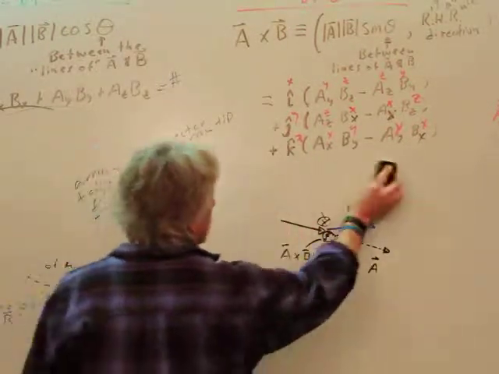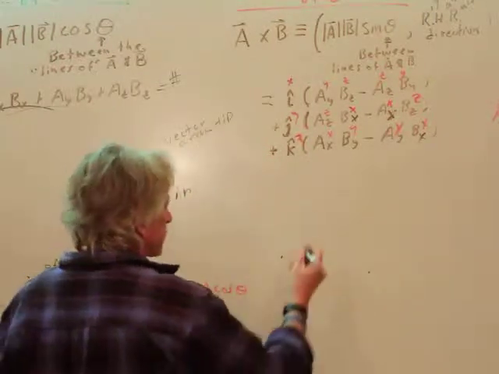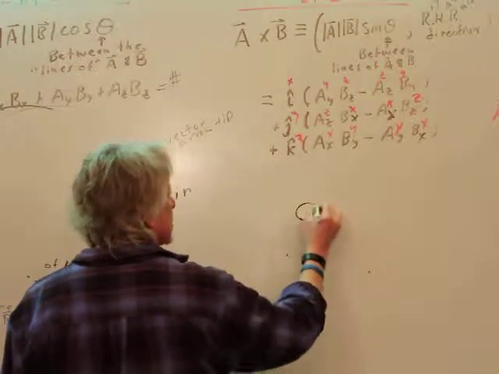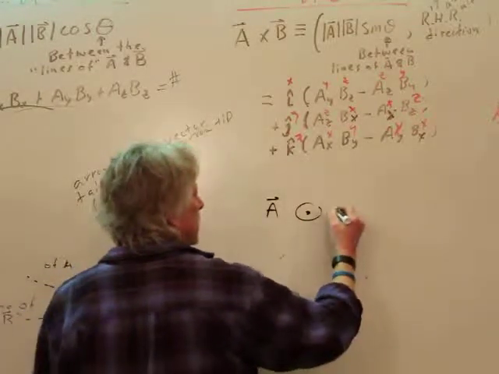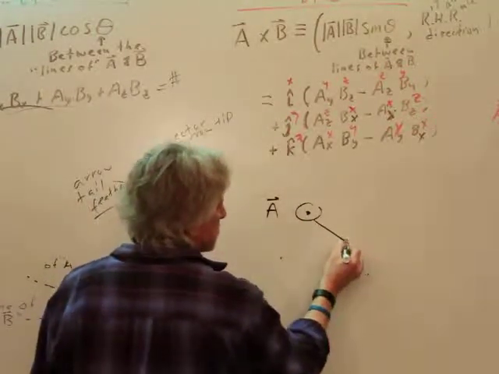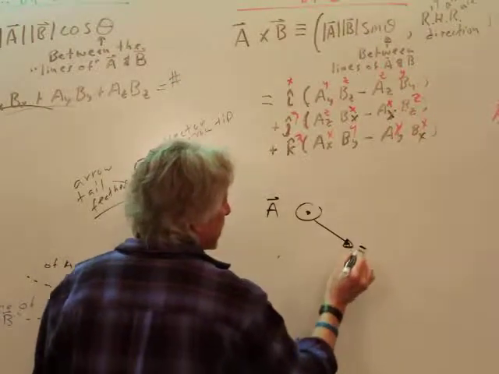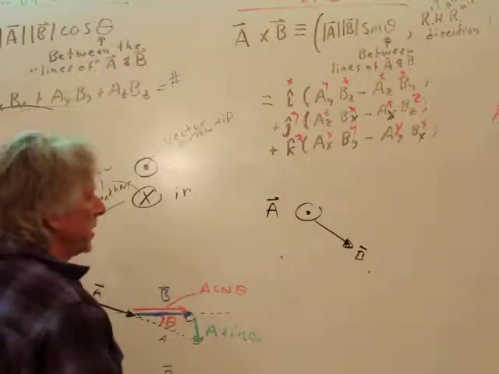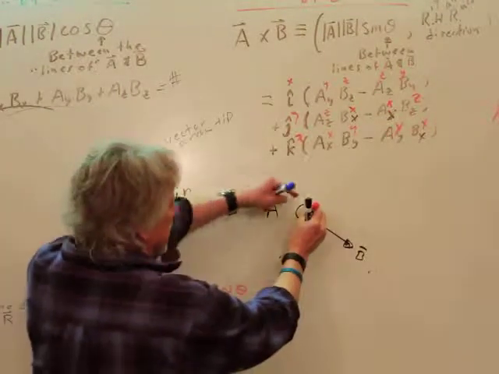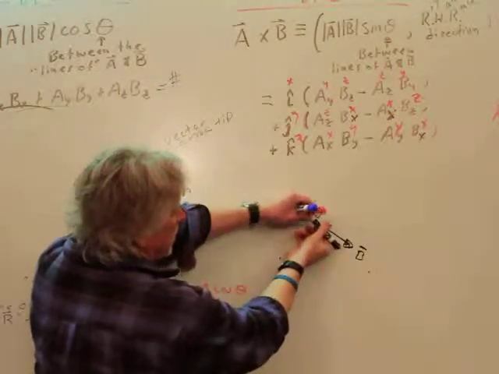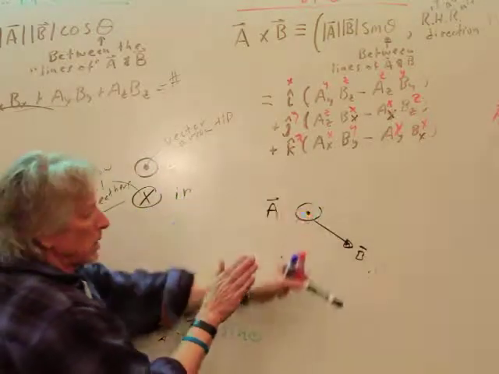Let's try another example. Suppose I've got A this way. Which way is that? Well, the tip is coming out, right? And suppose B is this way. So what direction is A cross B? It's a little bit tricky. Let's make that A, and there's B. So I've got to be picky.